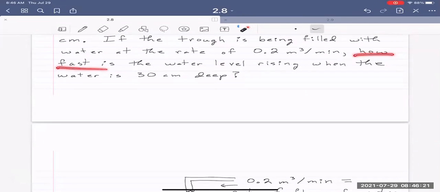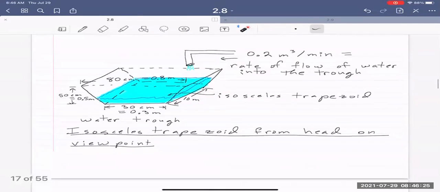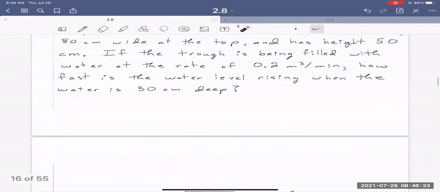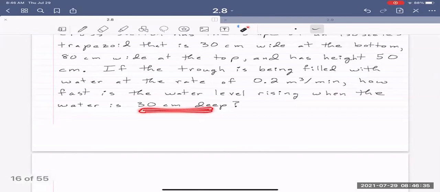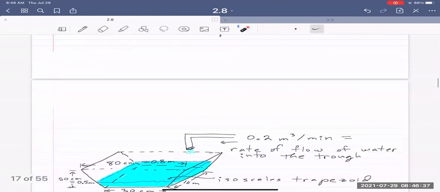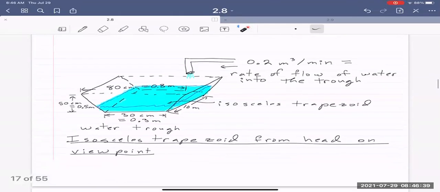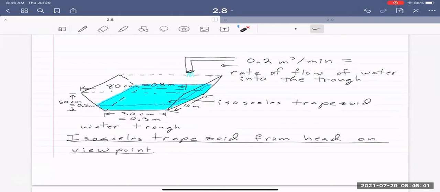So you want to determine how fast the water level is rising. So how fast is this level of water here rising when the water is 30 centimeters deep, when it is 0.3 meters deep?